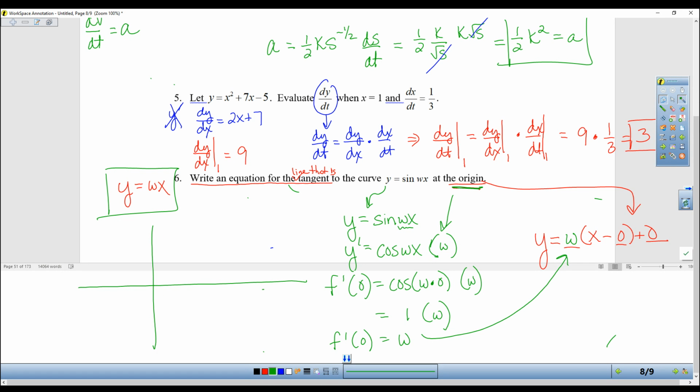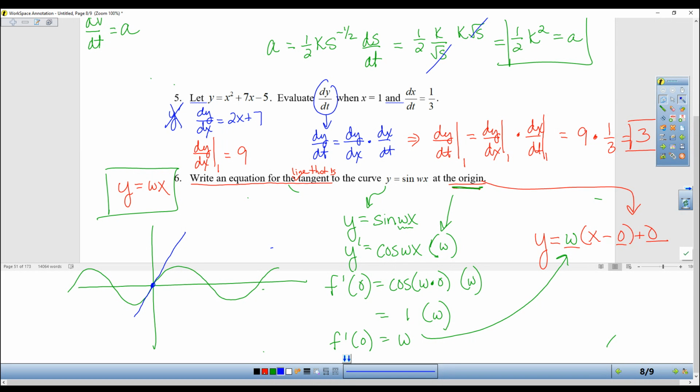What does this look like? Here's sine. And how does it change if there's a w? It just gets steeper or taller. So at the origin, this is the tangent line. It's right there. I didn't draw that very well, but it's just barely touching it. There we go.